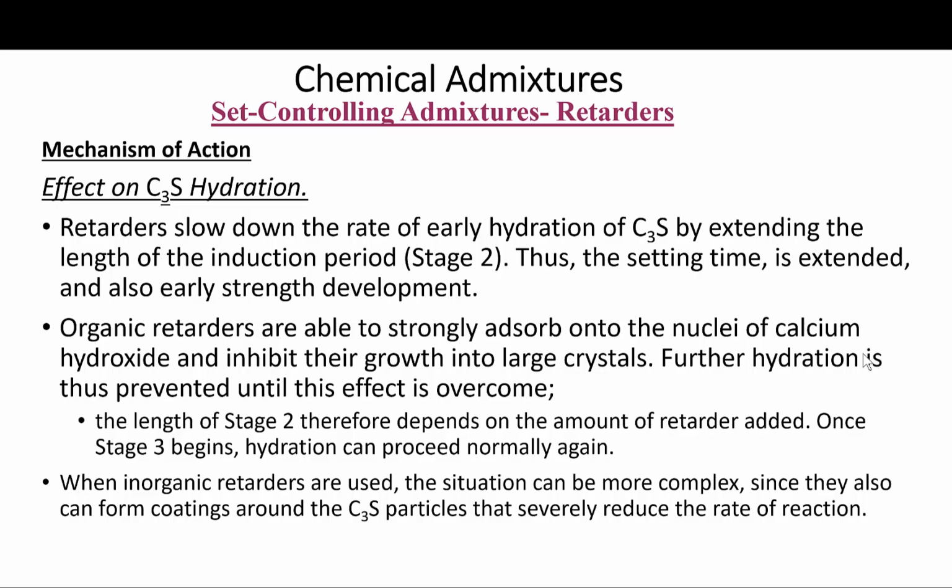At the appropriate time, a set accelerator, which is the activator, is added to overcome the retardation and will initiate set within a few hours. Although in practice an overdose of any retarder should work, combinations of carboxylic acids and organic phosphates are used to avoid complications and ensure predictable performance.